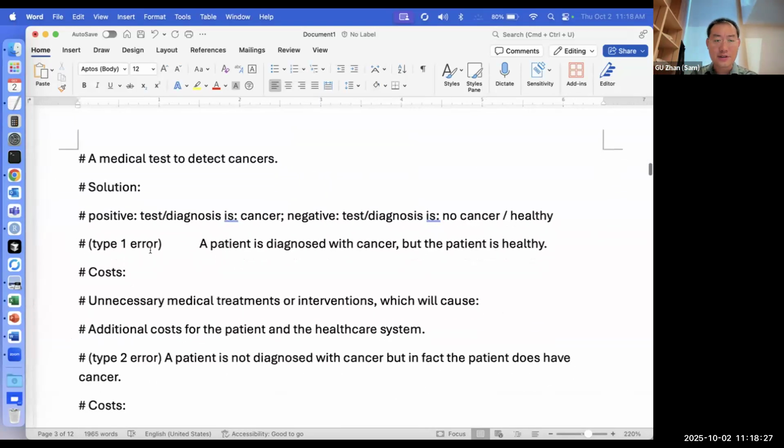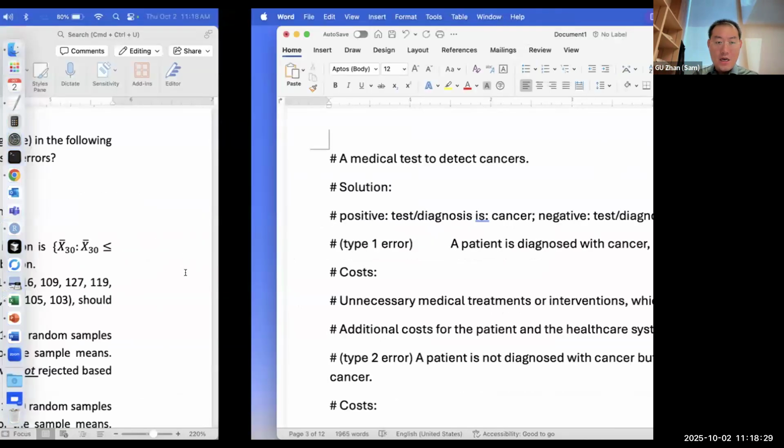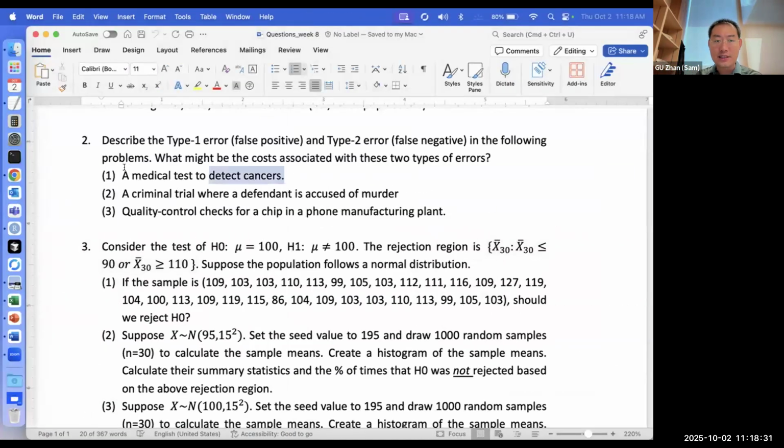So let's look at the first thing. The first one is a medical test to detect cancer. For a patient, we are really more interested in knowing whether this person actually has cancer so that we can treat it. If that person has no cancer, we don't need to worry too much.